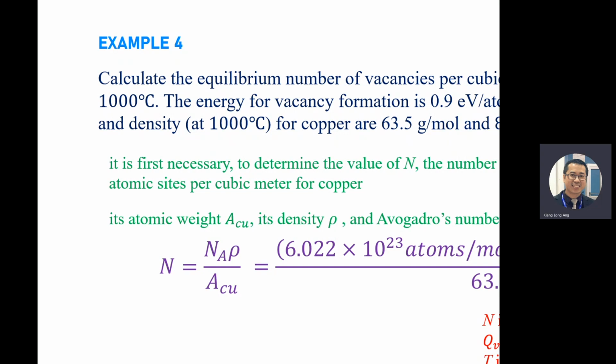So what is cm cube? 1 cm equals 10 power negative 2 meter, right?